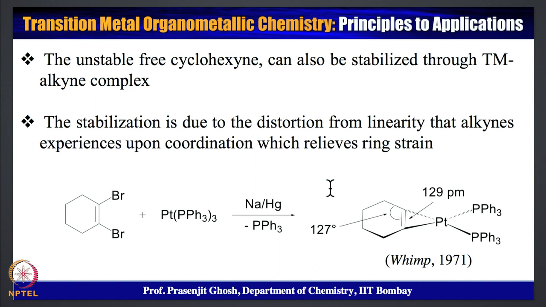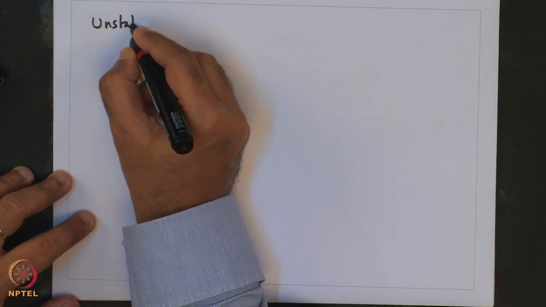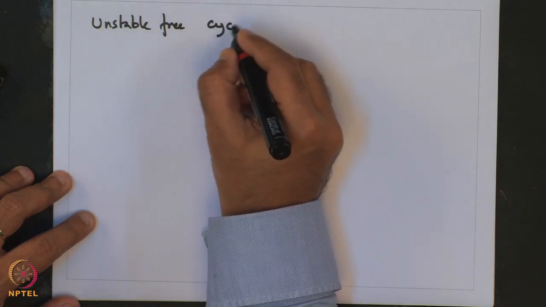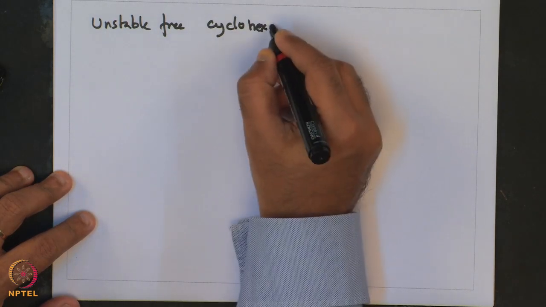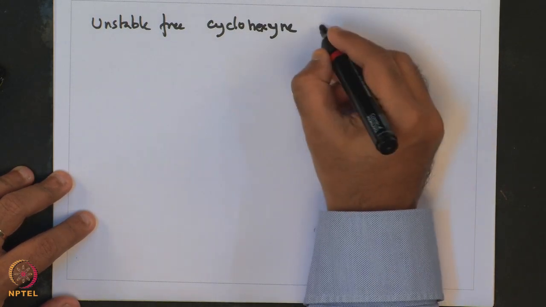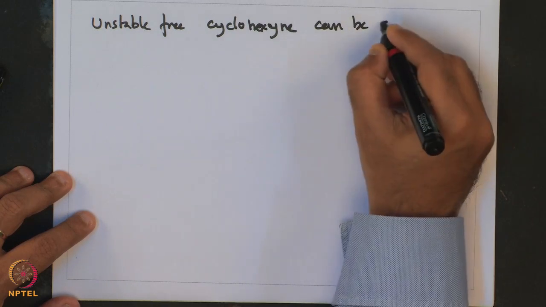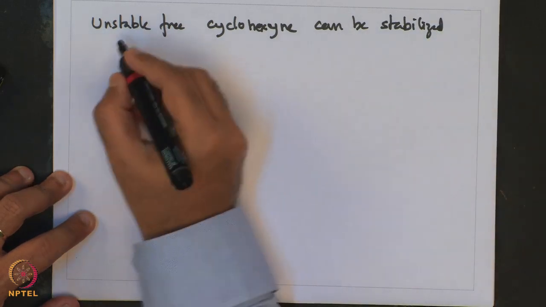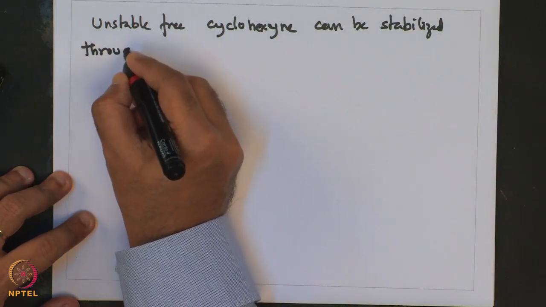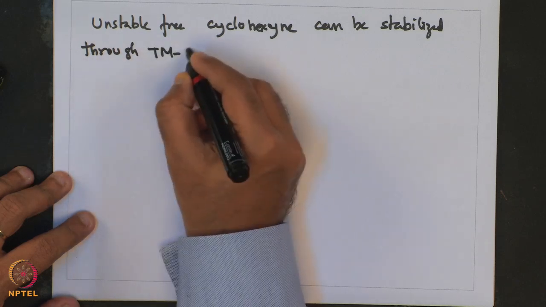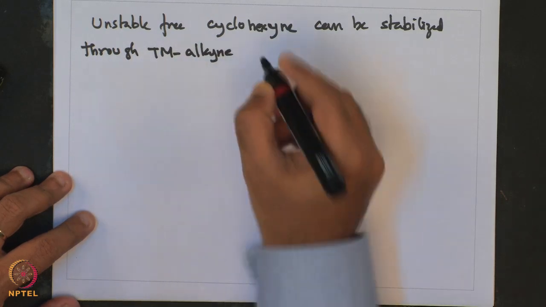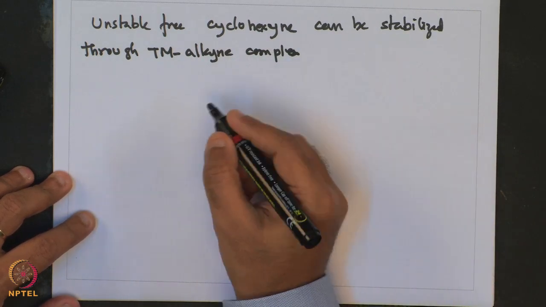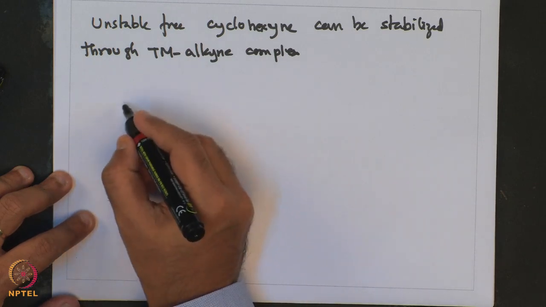So, thus unstable free cyclohexyne can be stabilized through transition metal alkyne complex. An example of this can be seen over here.